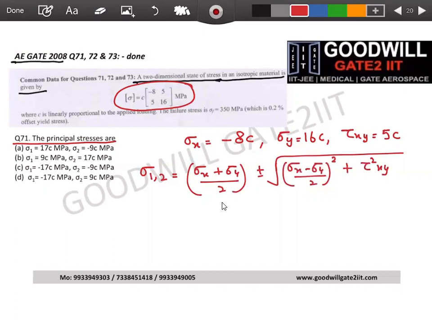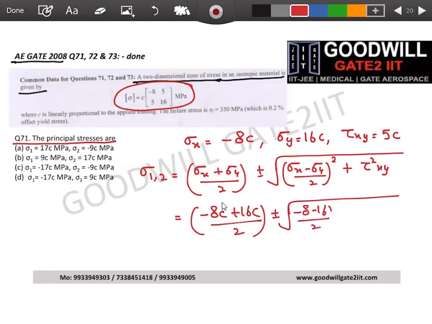So Rugma already gave me the answer. What is 5C in this, Rugma? No. We need to substitute the values. So this is (-8 plus 16) divided by 2 plus or minus the square root of ((-8 minus 16) divided by 2) whole squared plus (5C) whole squared.